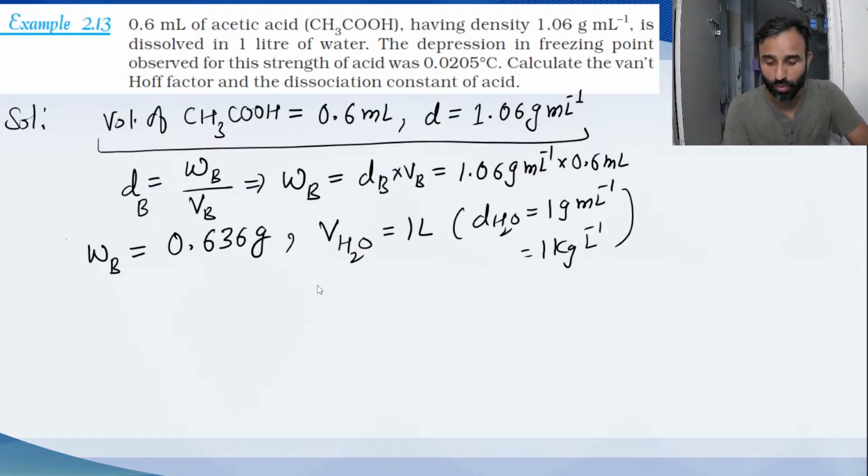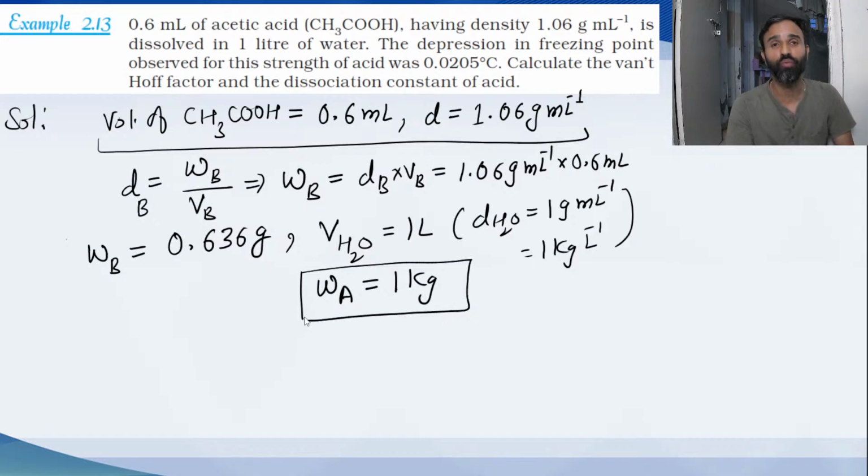That means the weight of solute we have calculated is 0.636 gram, and weight of solvent is 1 kg. See, here weights of solute and solvent are given, but indirectly. From ml of acetic acid and density of acetic acid we calculate weight of acetic acid, that is mass of solute, and for 1 liter of water, with density of water 1 gram per ml, the solvent weight is 1 kg.